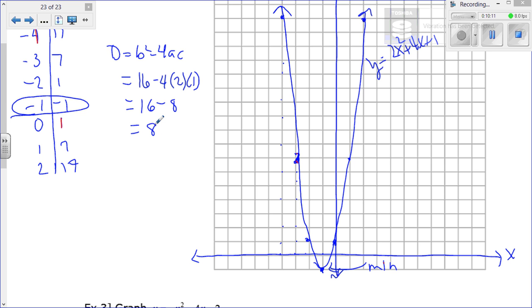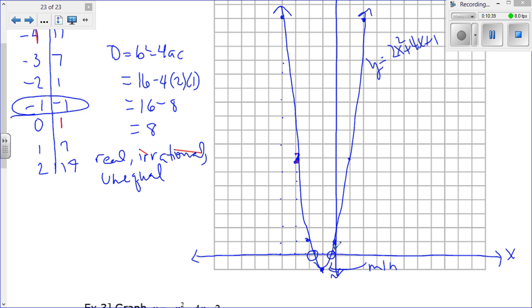Sorry, it's not a rational number, it's a real number. It's an irrational number because it's not a perfect square, so my roots are real and unequal. If you look here on the graph, this is a root and this is a root, and they're not the same. Therefore, I have two roots.